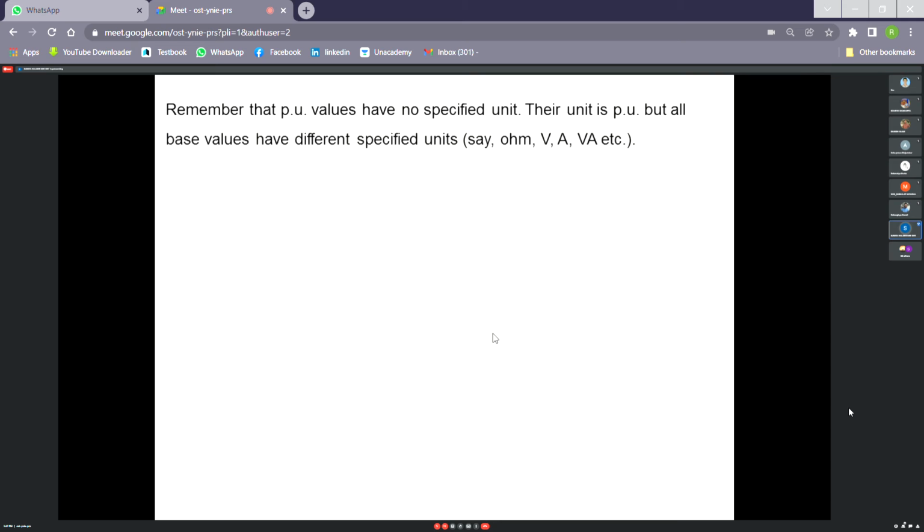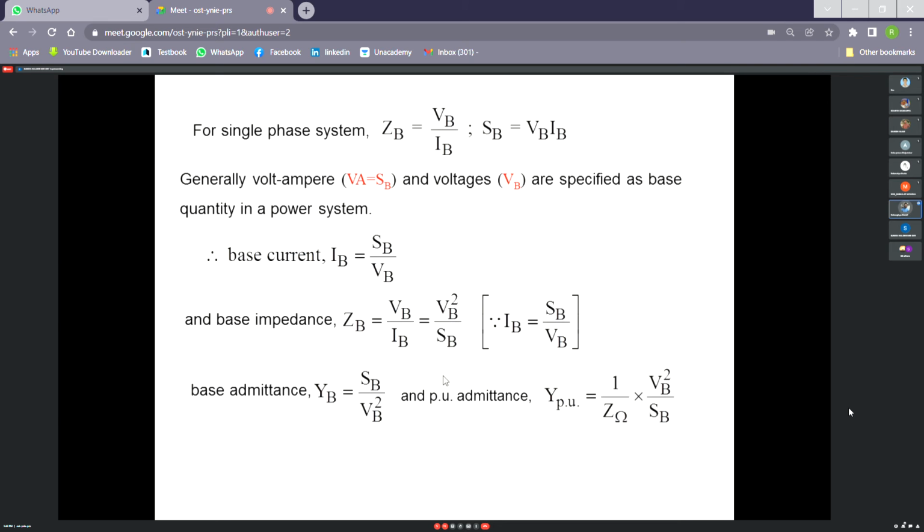Now you must know that per unit value has no unit, obviously, because you are calculating this for current, for voltage. Base impedance is the real quantity. All the base values will be real quantities, because the base value you are assuming, you will not assume any complex quantity, right?